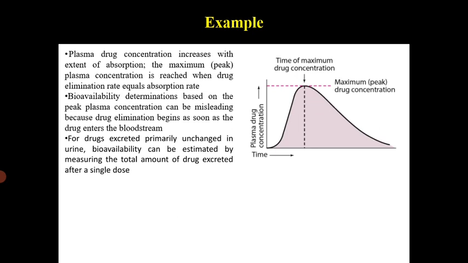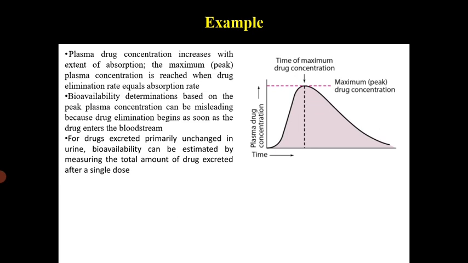For drugs excreted primarily unchanged in urine, bioavailability can be estimated by measuring the total amount of drug excreted after a single dose. Ideally, urine is collected over a period of 7 to 10 elimination half-lives for complete urinary recovery of the absorbed drug.